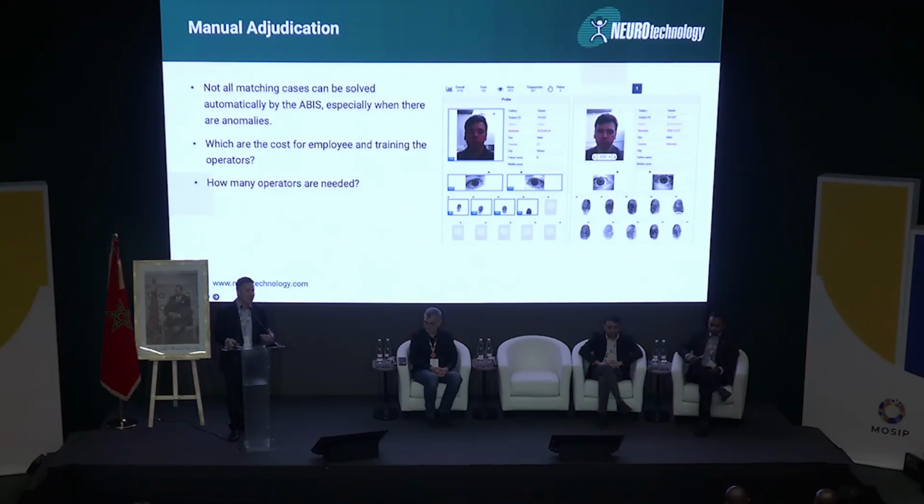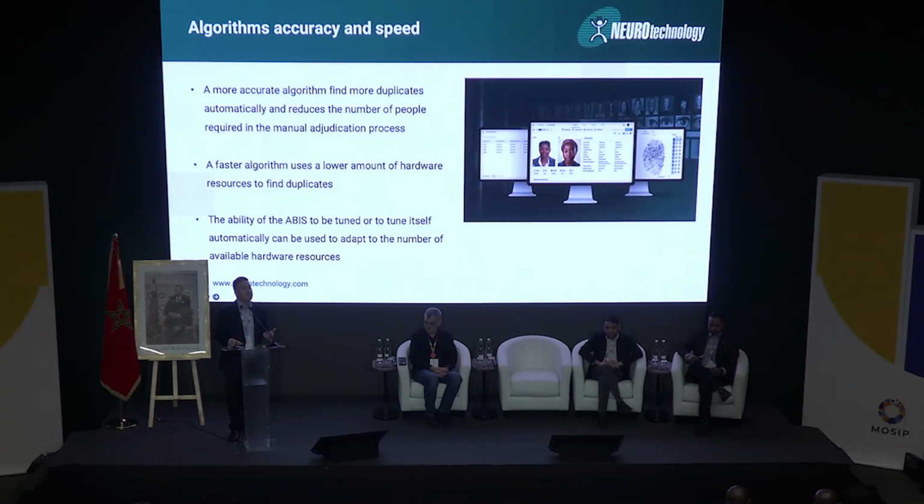And of course, depending on the number of cases that go to adjudication, the number of operators increases, and so the cost increases. So from this perspective, it's important to understand that for the same modality, different algorithm vendors provide different accuracy, and bigger accuracy means a lower number of operators.